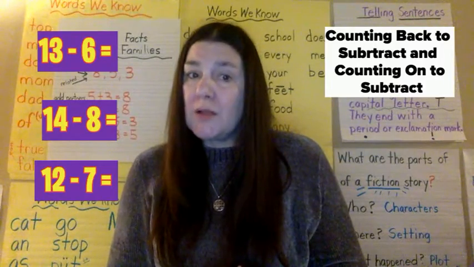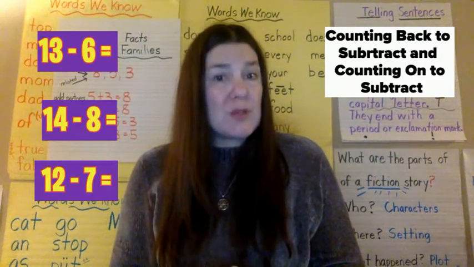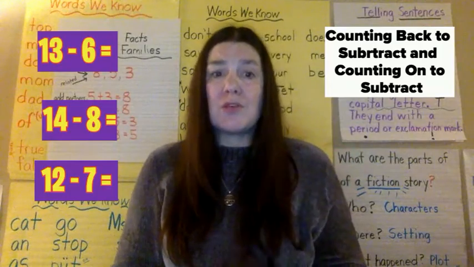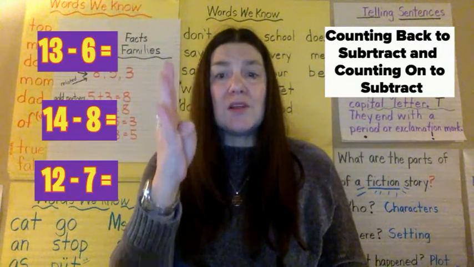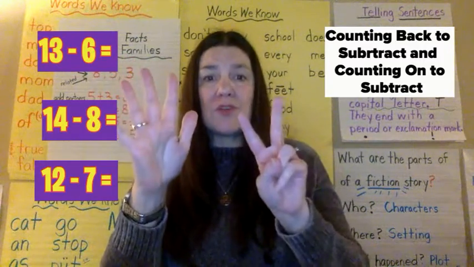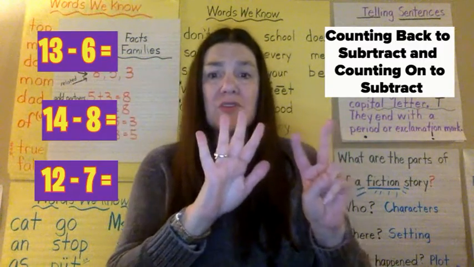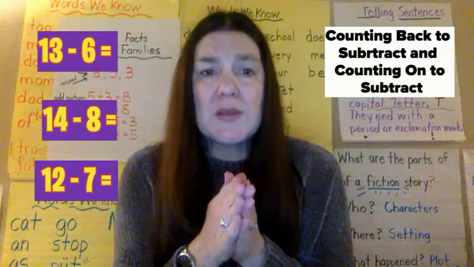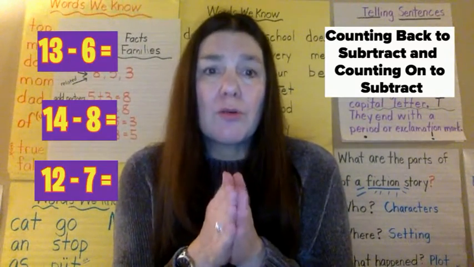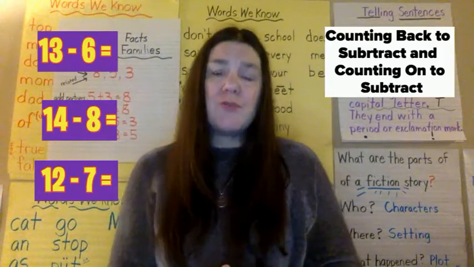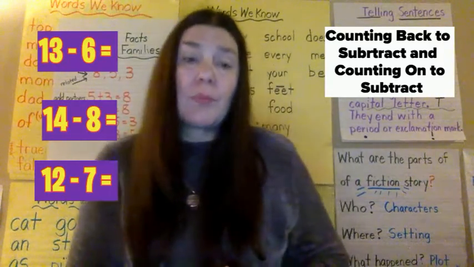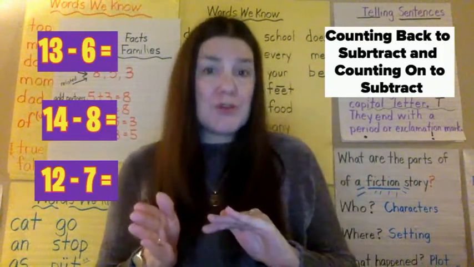So let's try it again. Look at 13 minus 6. I'm going to start with a 6 and count on to the 13. 6, 7, 8, 9, 10, 11, 12, 13. And the difference is 7. There's 7 spaces between 13 and 6. All right, let's do 14 minus 8. We're going to think the smaller number, which is 8.